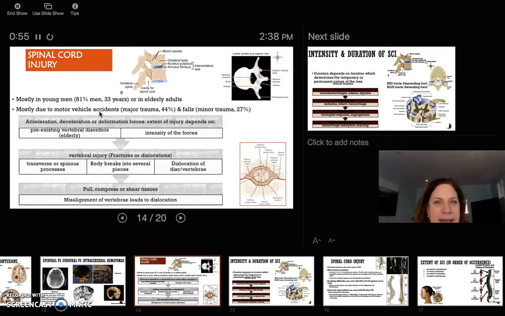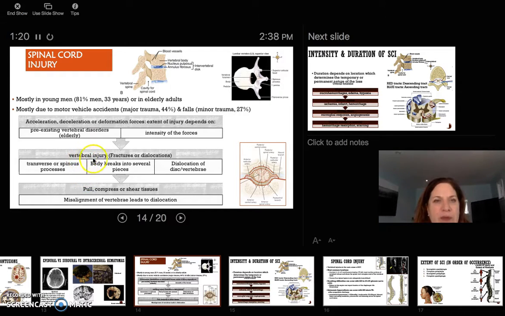And like I mentioned before, the severity of injury depends on the intensity of the force and if you had any pre-existing conditions. So if you're an elderly person with disc degeneration to begin with, you may obviously fracture more easily.